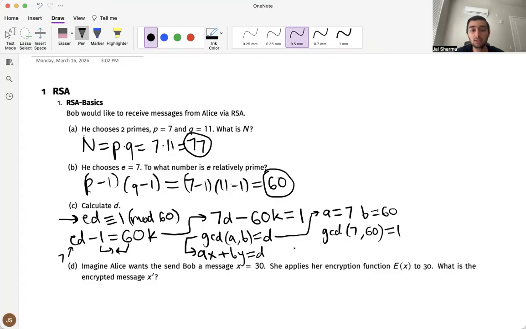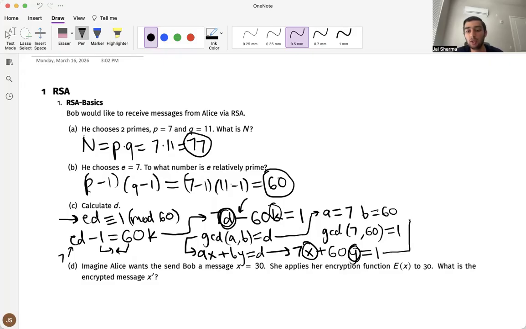And that guarantees that I can write 7x plus 60y equals 1, based on what the Euclidean algorithm tells me. Once I use the Euclidean algorithm to find x and y, this x directly maps over to this d that I want over here, and this y directly maps to a negative k. So there's a one-to-one mapping here, right?